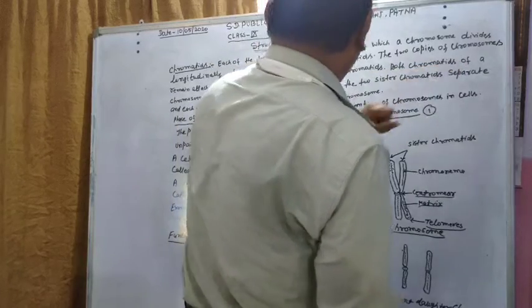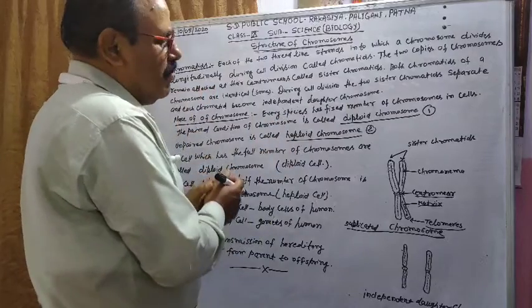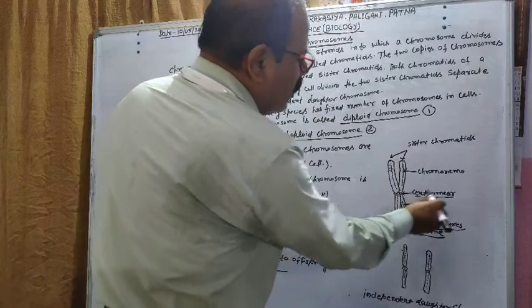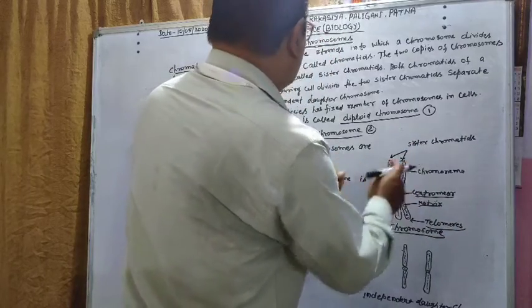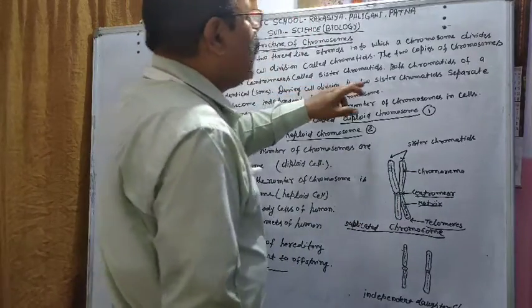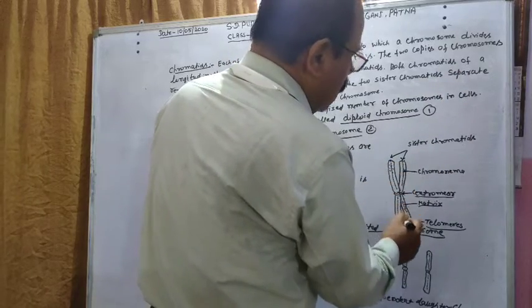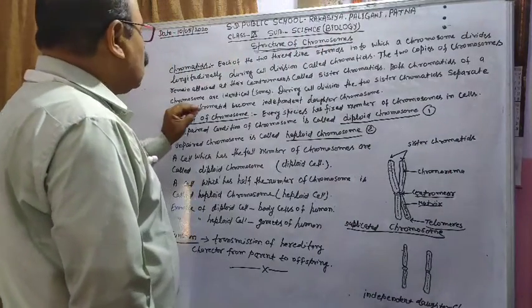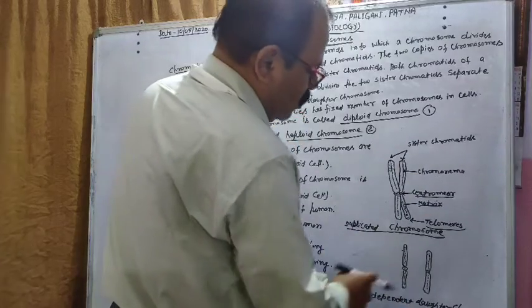Both chromatids of a chromosome are identical, the same. During cell division, the two sister chromatids separate and each chromatid becomes an independent daughter chromosome.